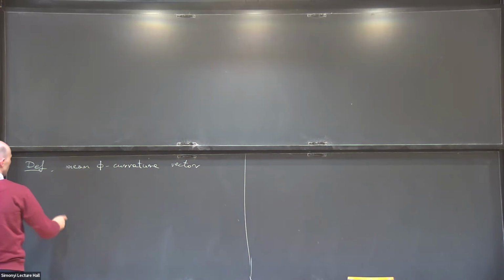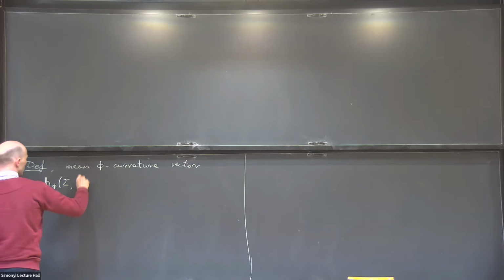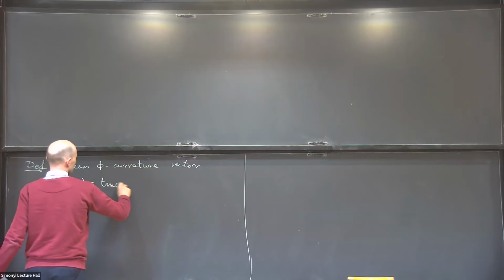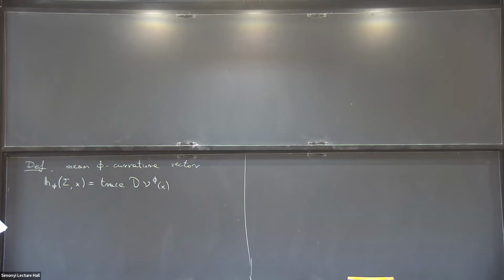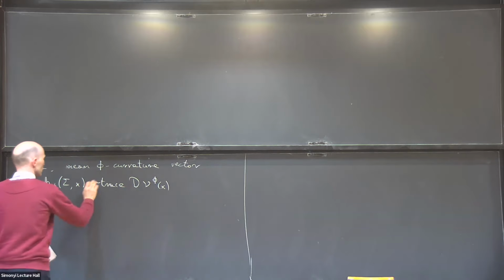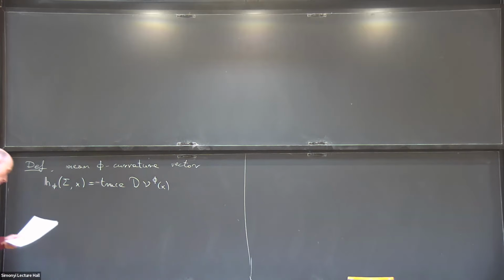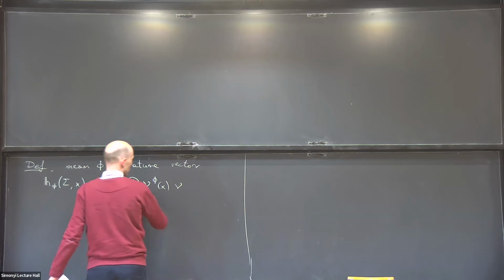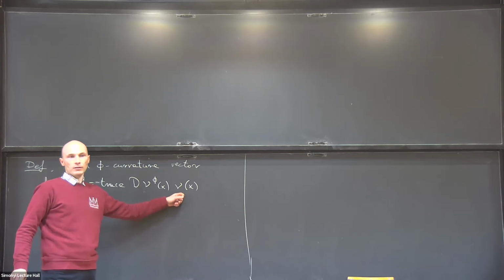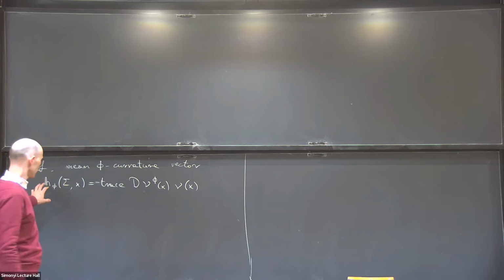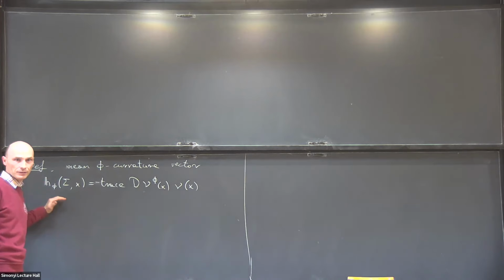It's defined as the trace of the derivative of nu_Phi. Actually, minus; there is some sign convention that I use, so there is a minus here. It's a vector, and this is a number. This is the Euclidean normal, so the mean Phi curvature vector is always normal to the surface.